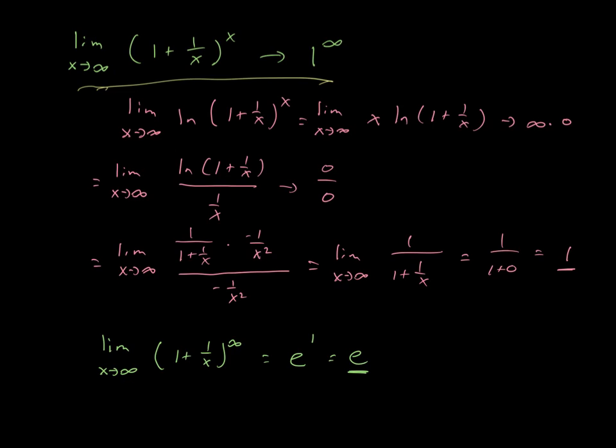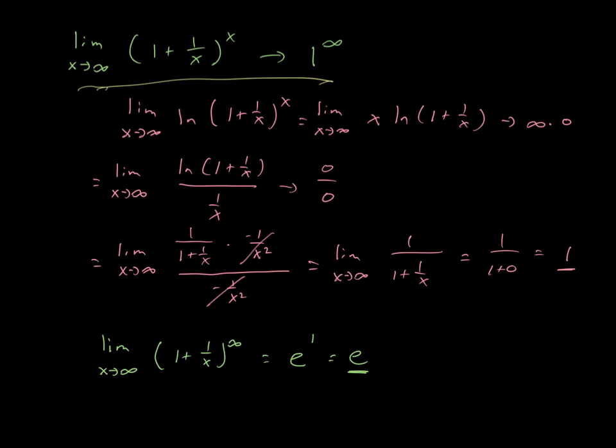And so what I have at this point is that these drop off completely. And so this problem now becomes just the limit as x approaches infinity of 1 over 1 plus 1 over x, which I know as x goes to infinity, 1 over x goes to 0. So this limit is 1.